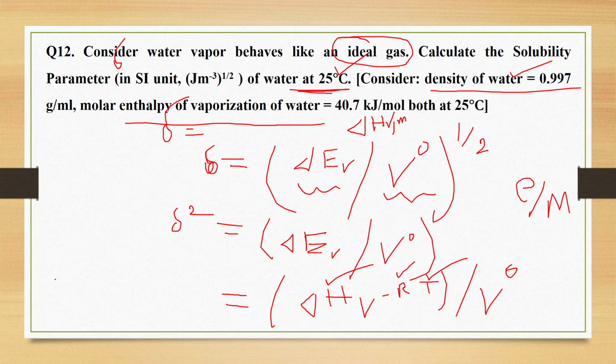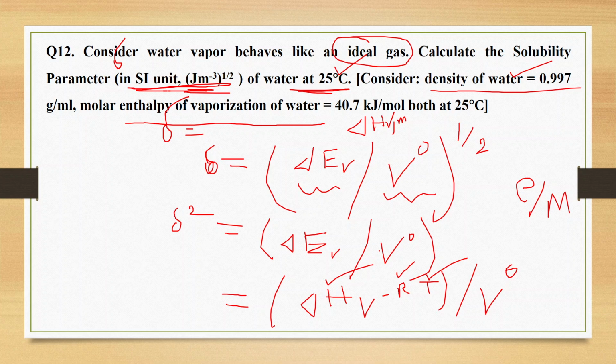So very different answers. And do not forget this: in what unit you need to calculate is also mentioned here. Whenever you are putting the value for R, you have to make sure you have put the correct value of R in the correct unit. It is joule per meter to the power minus 3. So make sure you put all the values in joule.